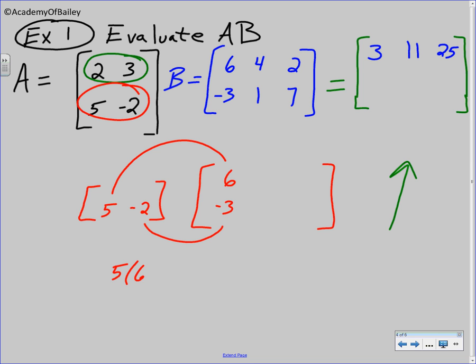So 5 times 6 plus negative 2 times negative 3. Bottom row, first column. Get to 36.